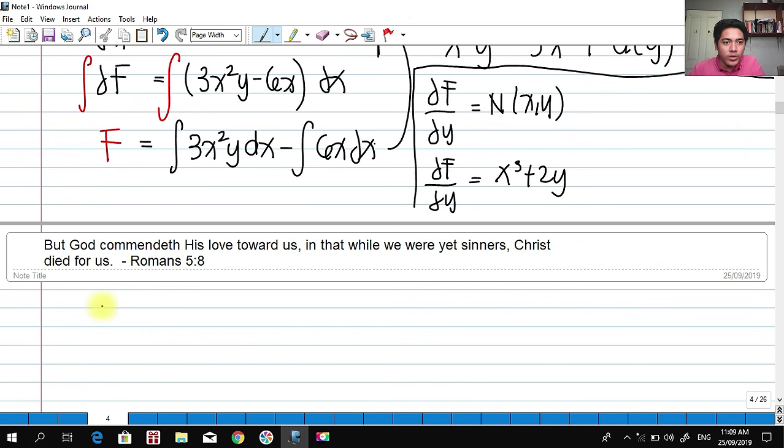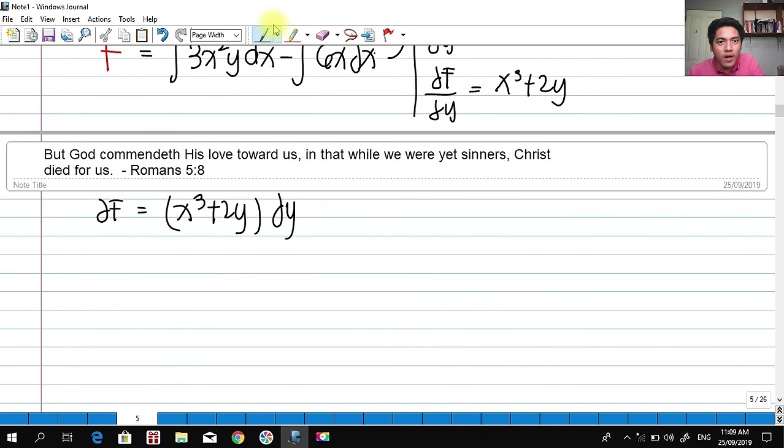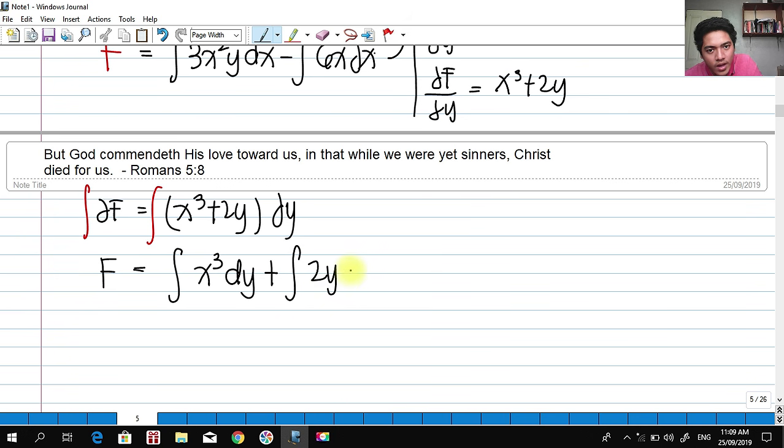If we cross multiply, we have partial of f is equal to x cubed plus 2y dy. And we are after the f, so we're going to integrate both sides to get the solution. So we have f is equal to the integral of x cubed dy plus the integral of 2y dy.